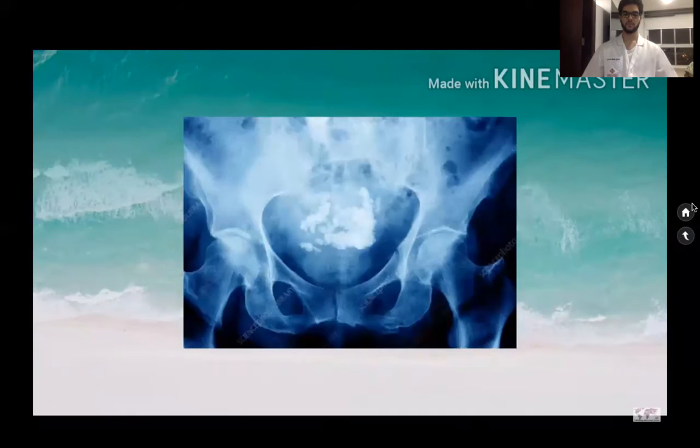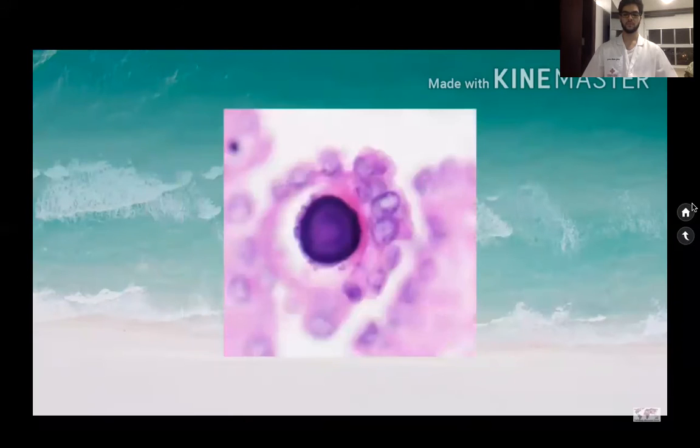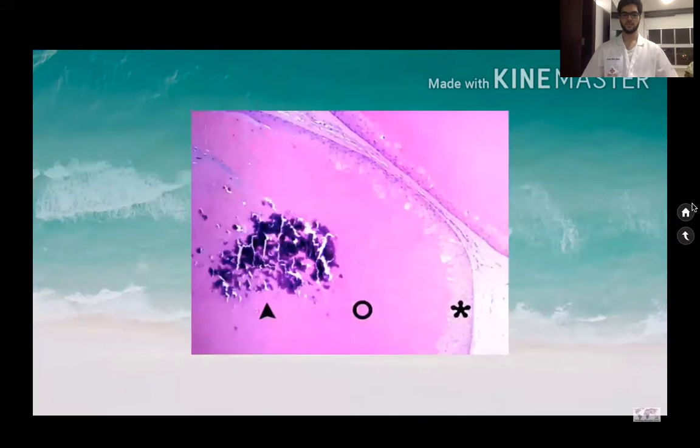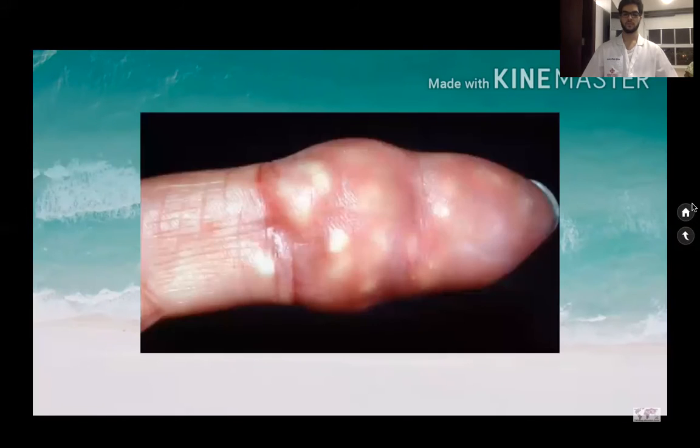Another beautiful example of dystrophic calcification is the psammoma body, commonly seen in thyroid carcinoma and in some other papillary lesions in various places of our body. An old cyst may get calcified, and there may be calcification in various sites of our body without any known primary reason, which is known as calcinosis cutis.